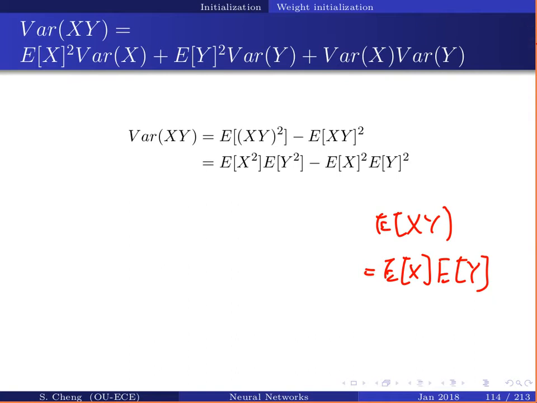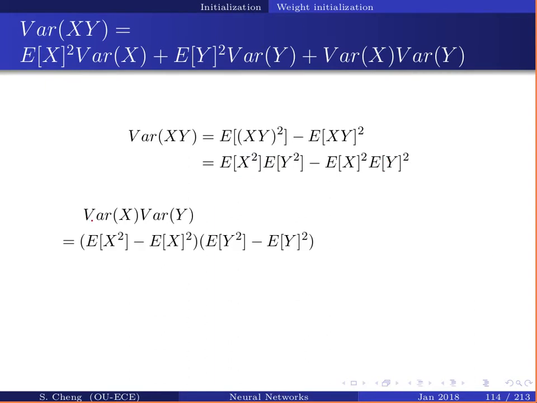When two things are independent, a function of one should still be independent of a function of the other. So expectation XY is equal to expectation X times expectation Y.